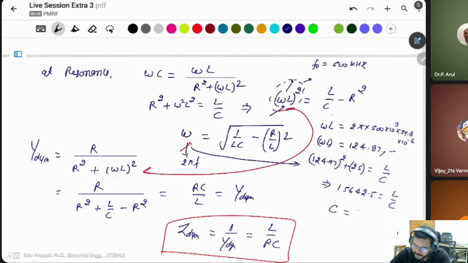The value of C is simply the inverse of this into the inductance value. Inductance is 39.8 into 10 to the power of minus 6 divided by 1564.25. This will be 2.55 nanofarad.